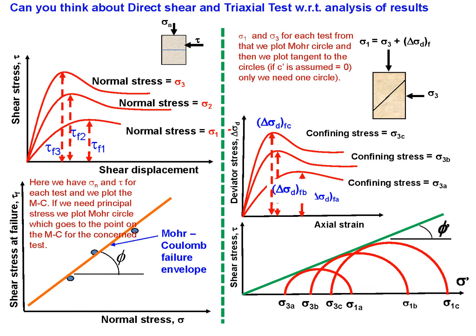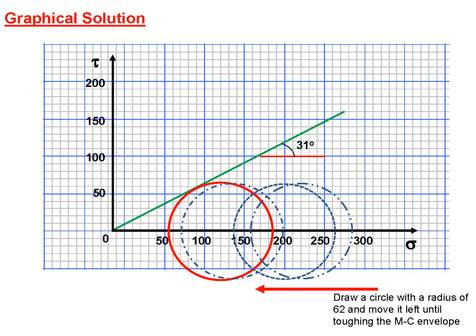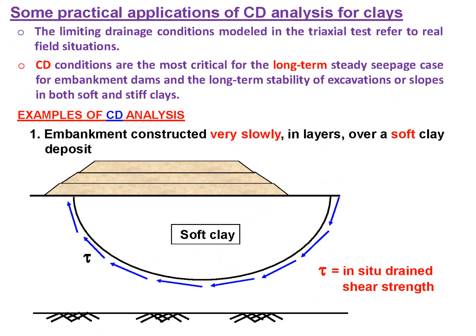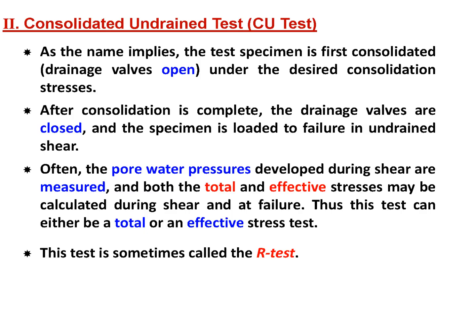The things have been explained systematically, and then you would find the examples. All these tests have been discussed in detail: UU test, CU test, and CD test.